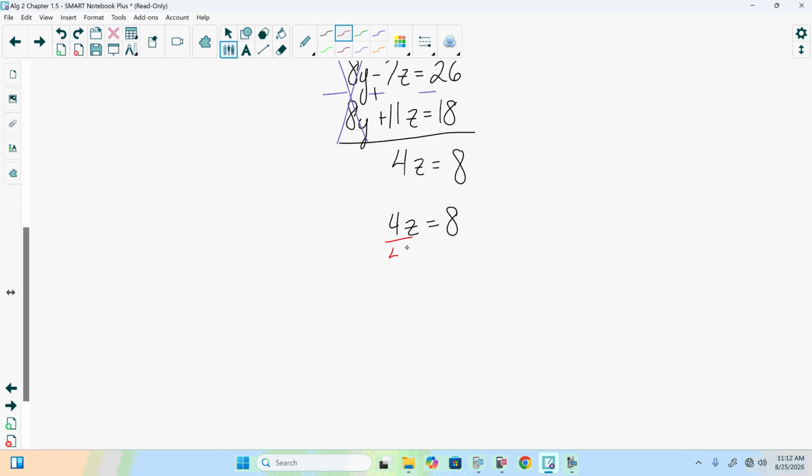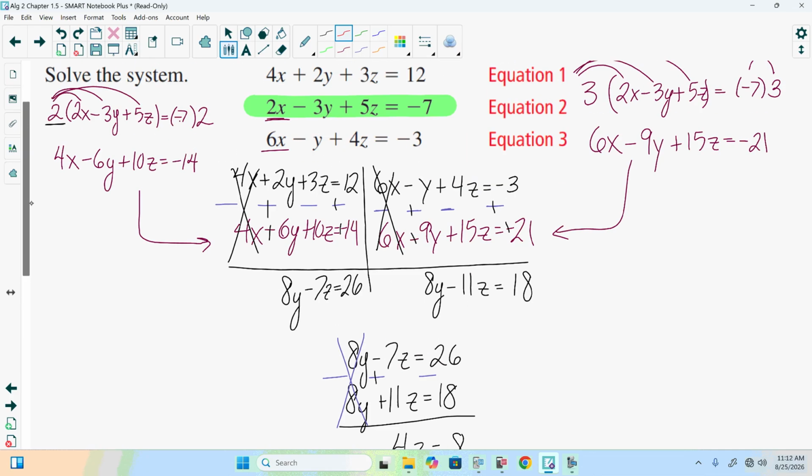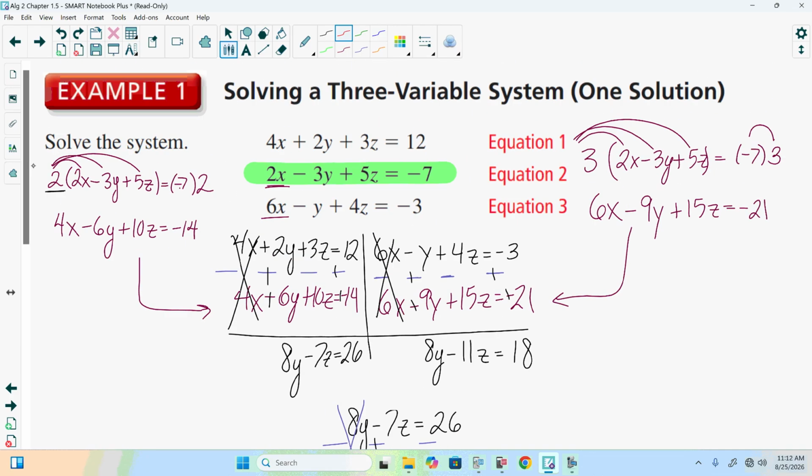Because at this point here, we can divide both sides by 4, telling us z is equal to 2. So z is 2, which is getting us to the solution.